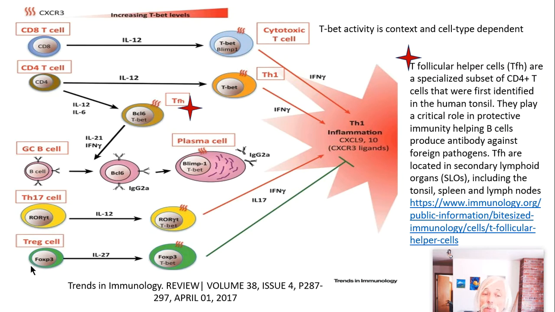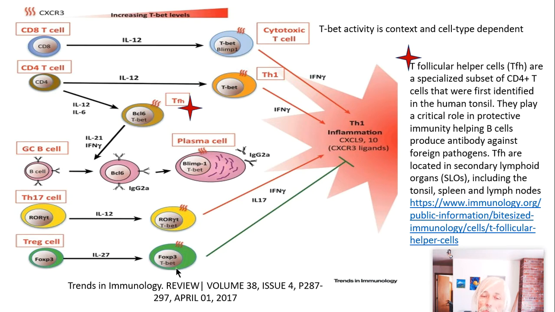Now here's the ticket out of this race towards inflammation. And there's your Treg cells. Treg cells have a unique transcription factor. Actually, Th17s also express it sometimes, and it causes them to differentiate differently. But if you want to think about what's the transcription factor that goes with Tregs, what's the one you always see? FOXP3, okay? So that could be on an exam, for example. So FOXP3, in the presence of interleukin 27, starts expressing the T-bet transcription factor as well, I should say.